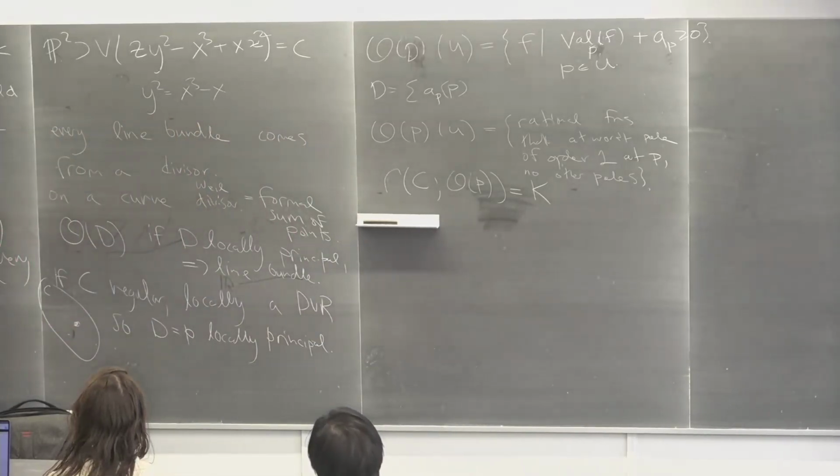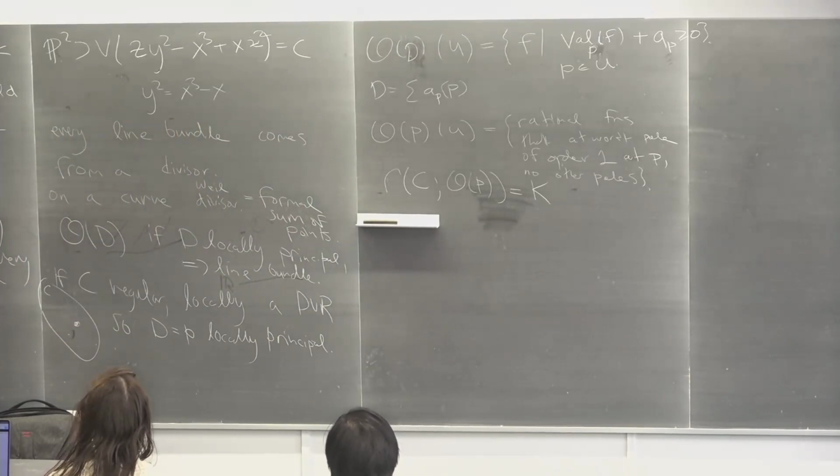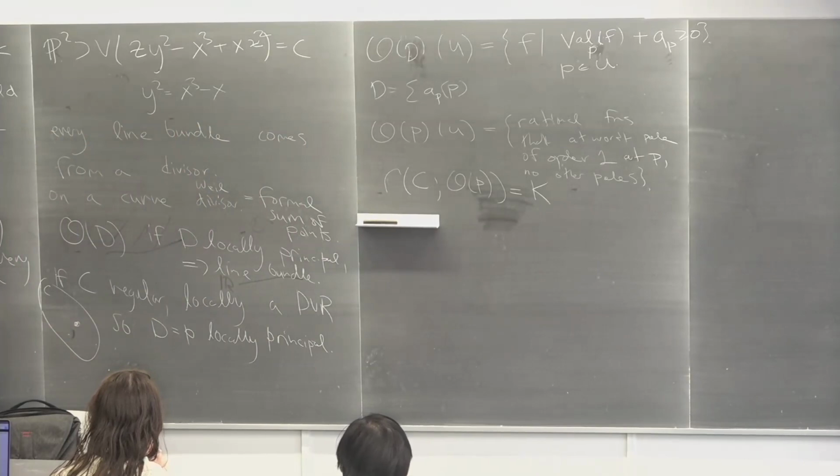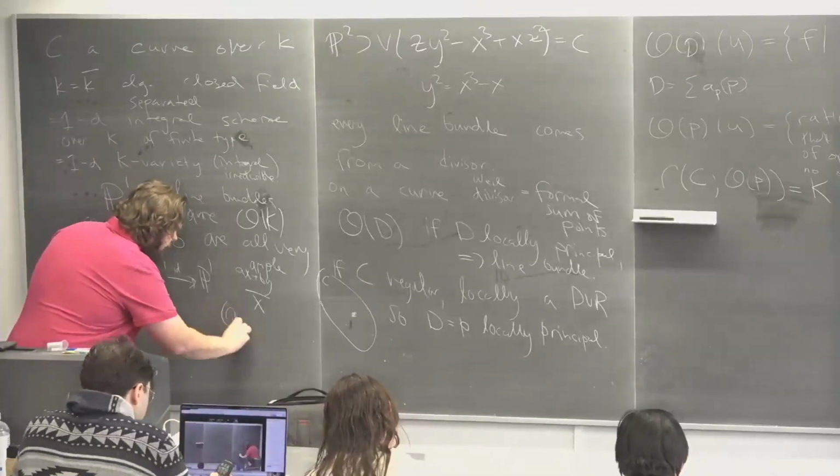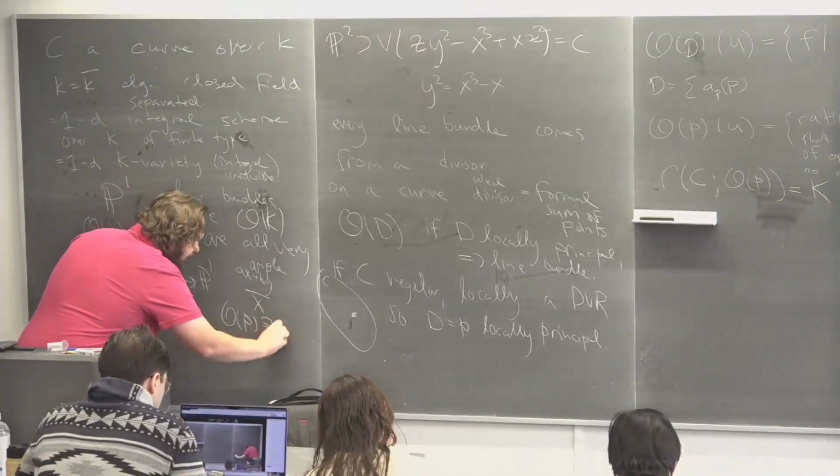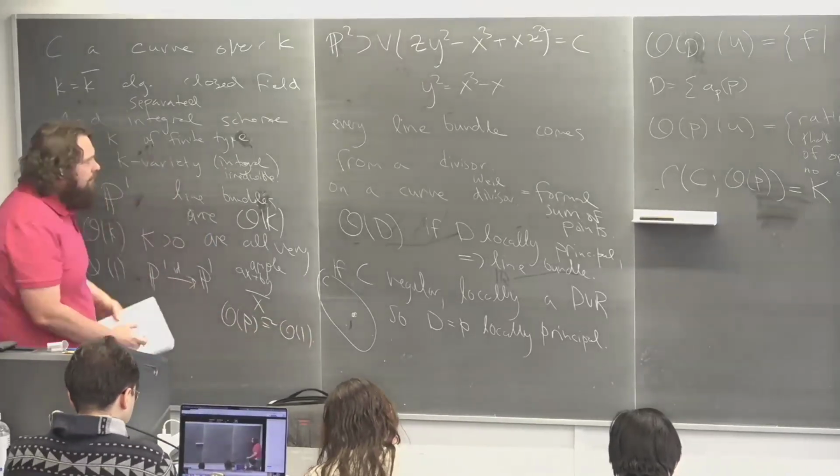On P1, I can do that. So on P1, basically, I can say, I'm going to have X as my denominator, and then I can put AX plus BY in the numerator, and I get a two-dimensional space of sections of O of P. This is isomorphic to O of 1.